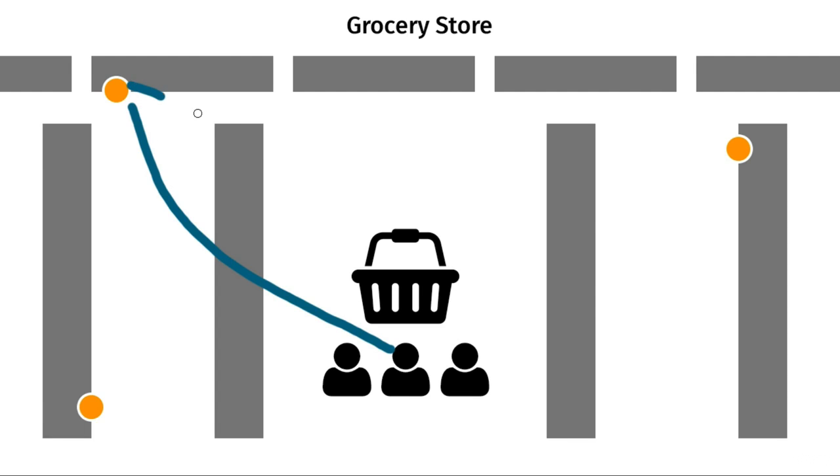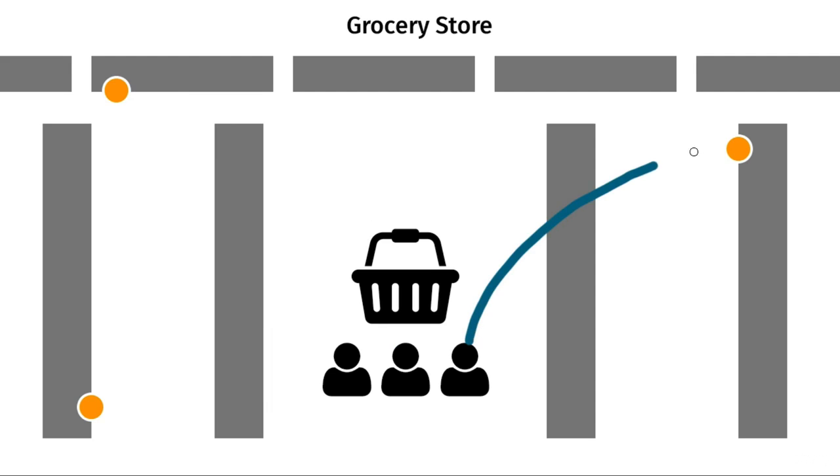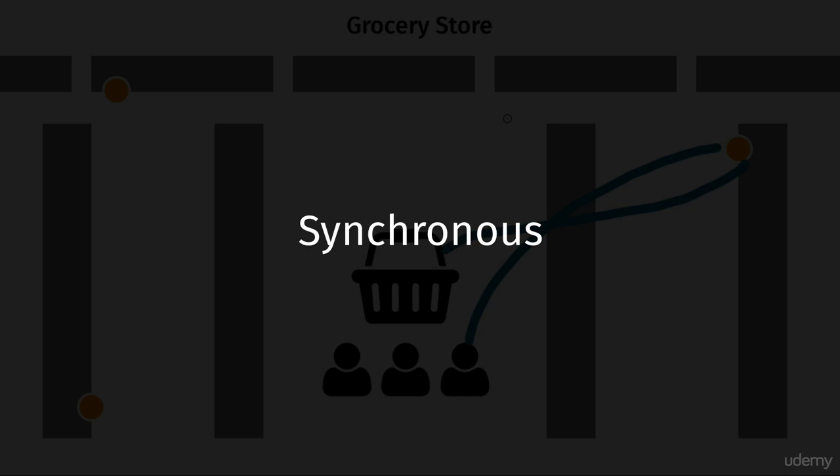Right? So then once the second person completes their task, only then can the third person start their business. So clearly this is not the fastest possible way of getting all the items into the basket, right? Because there's a lot of just sitting around and waiting for other people to finish their tasks. But that's how synchronous code works.